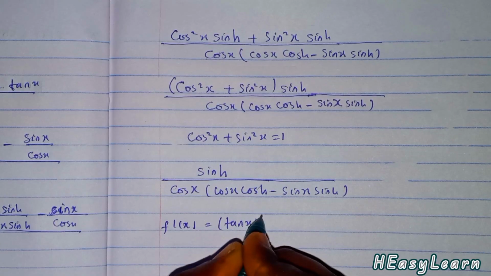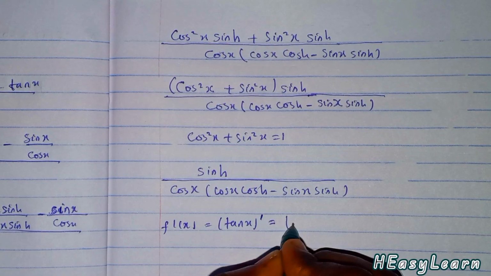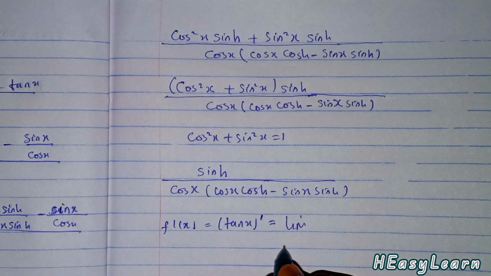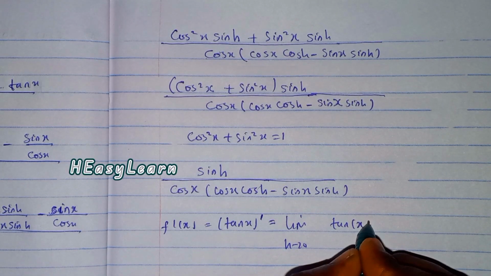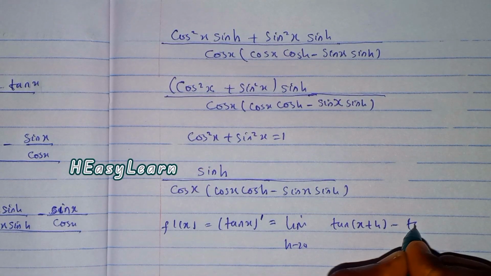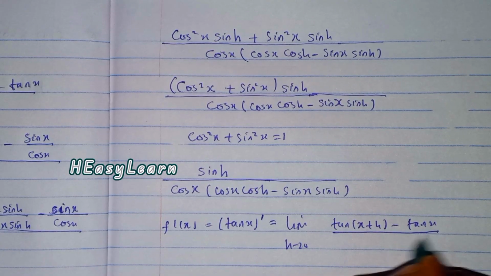So f prime, the derivative of tan x equals to the limit h approach 0 of tan x plus h minus tan x over h.